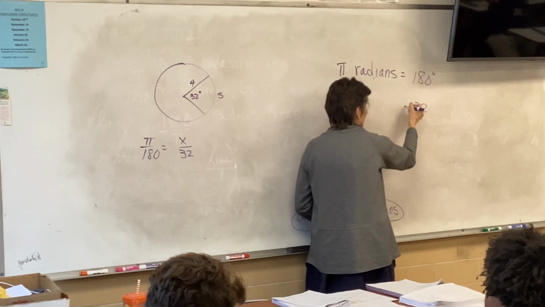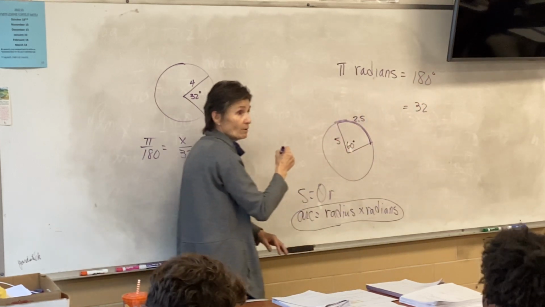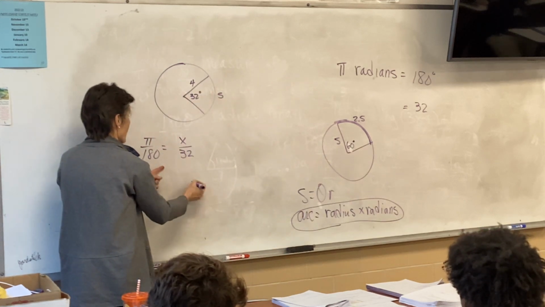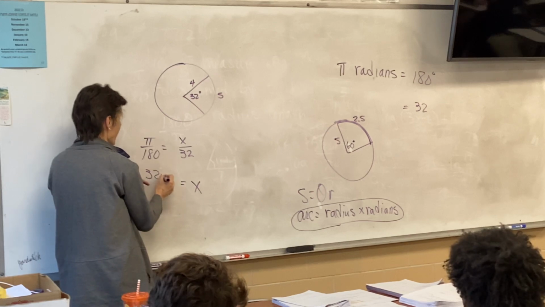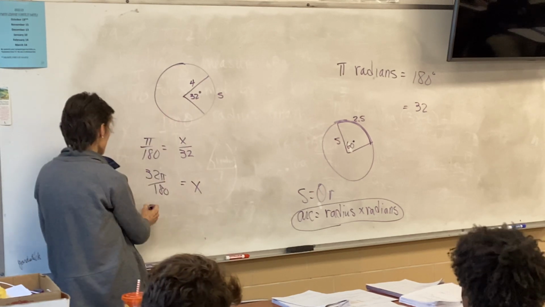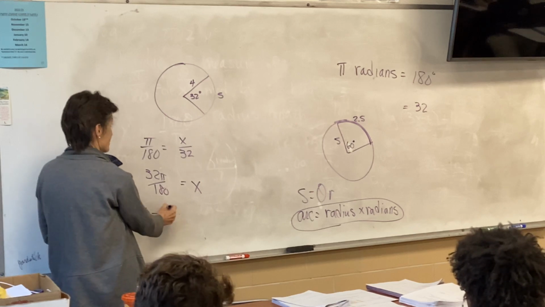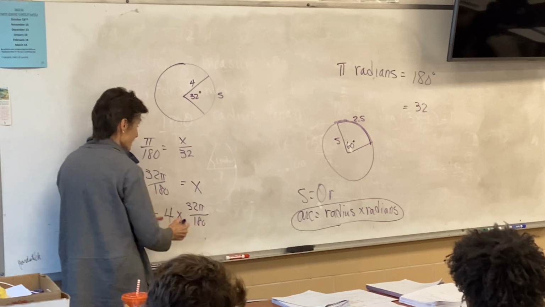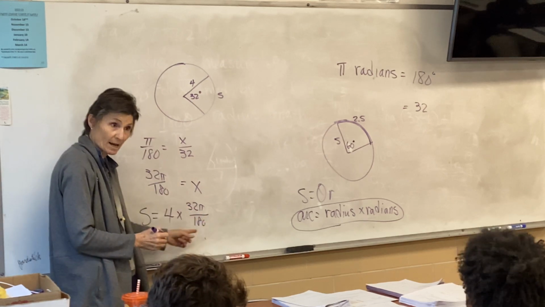Isn't that really what we're trying to figure out? For me, it's easier to do it as a proportion. So x is 32 pi over 180. And I would just say, okay, my arc length is my radius times 32 pi over 180. And then I would just work out that arithmetic.